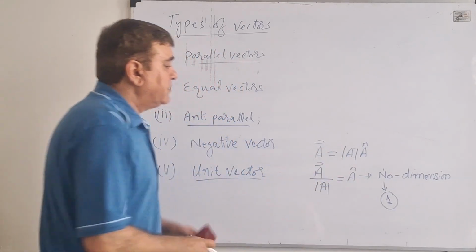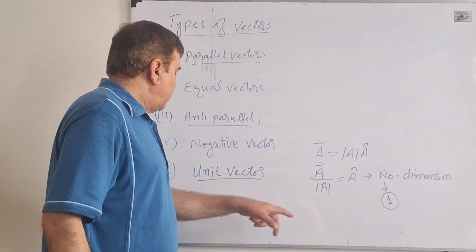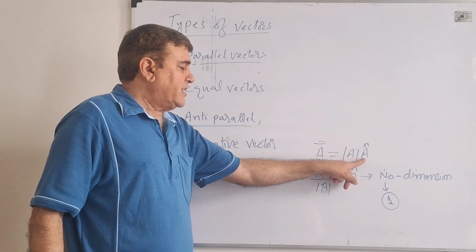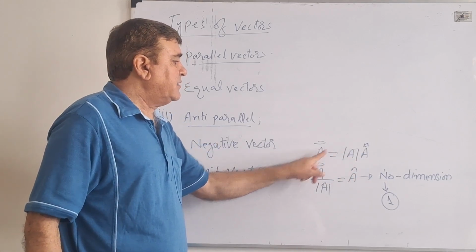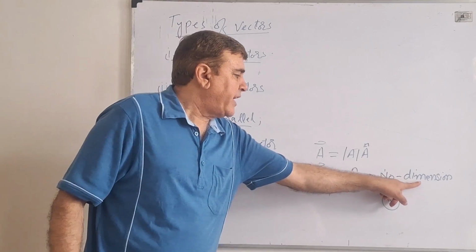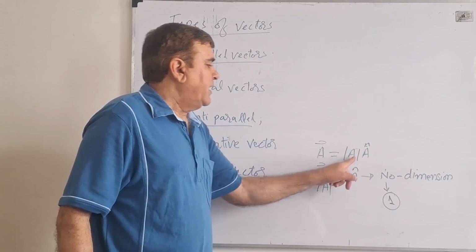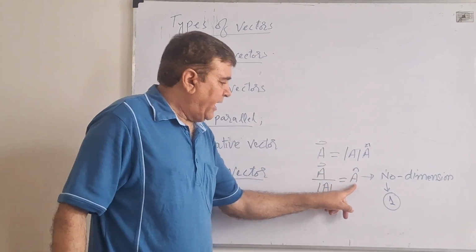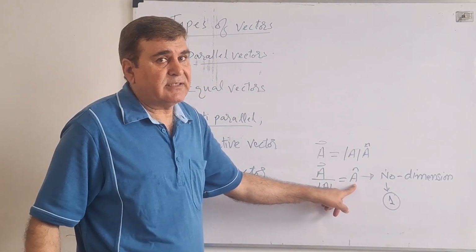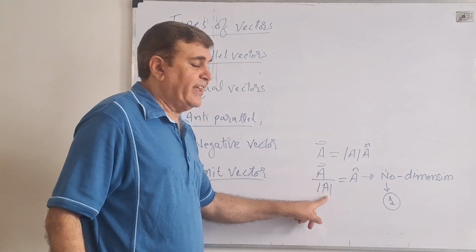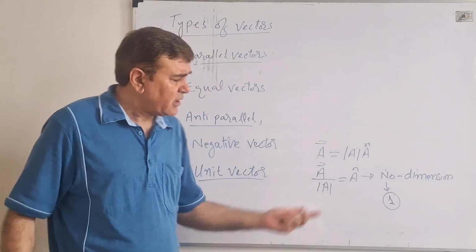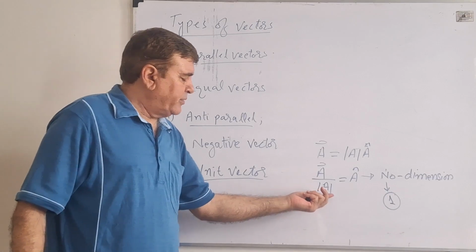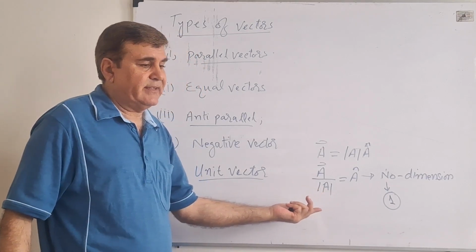Now finally, let me review. A unit vector is a vector that represents the direction of a vector. It has no dimension, no units, and its magnitude is always equal to 1. We obtain the unit vector for every vector by dividing the vector by its magnitude. We will learn how to find the magnitude of a vector analytically.